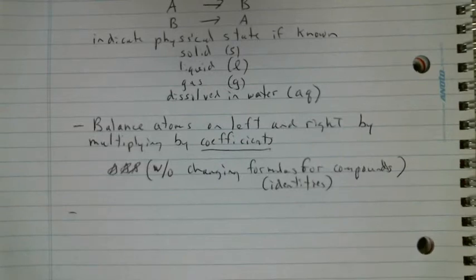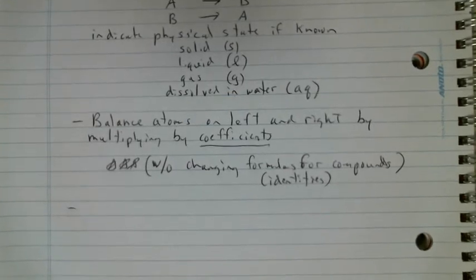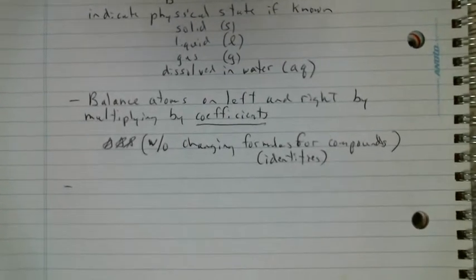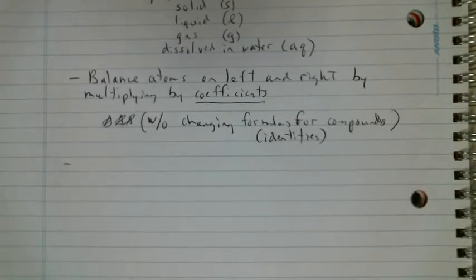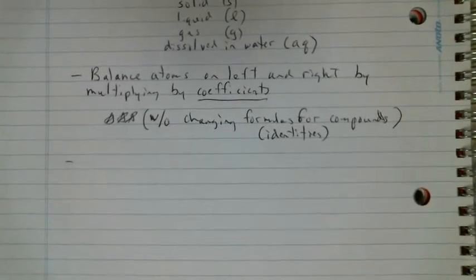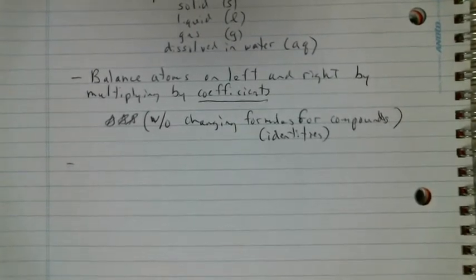Just means looking at it and figuring out what numbers work. And this is where some books will tell you to start with one thing, some will start with another, and it kind of depends on what you're balancing. And I'm not going to give you any real tricky ones, right? That's not my goal. The goal is that you understand how the reactions have to be in balance and how to balance some basic ones.